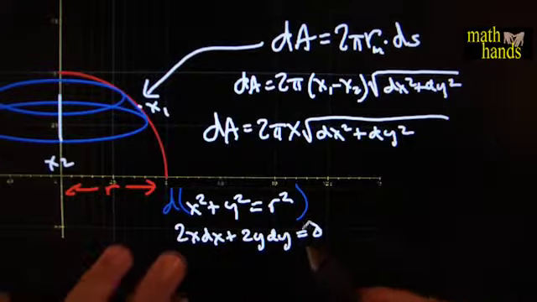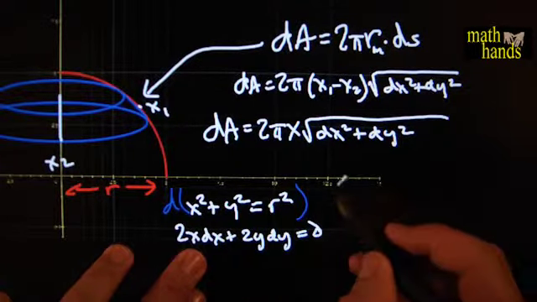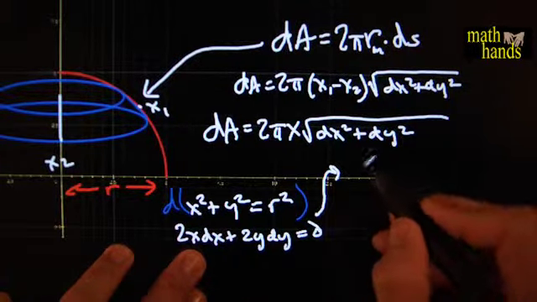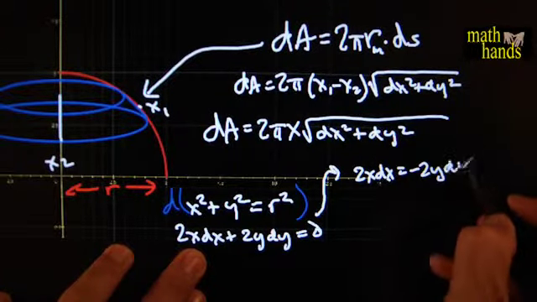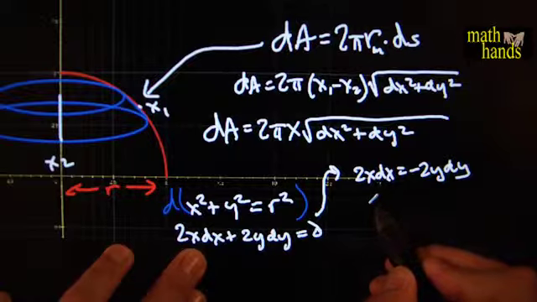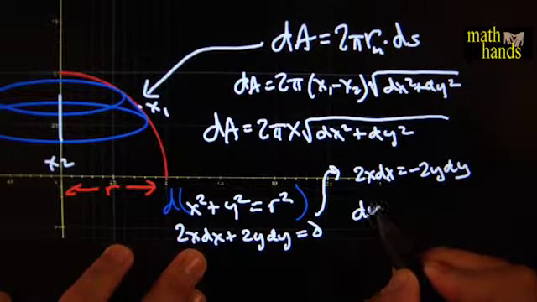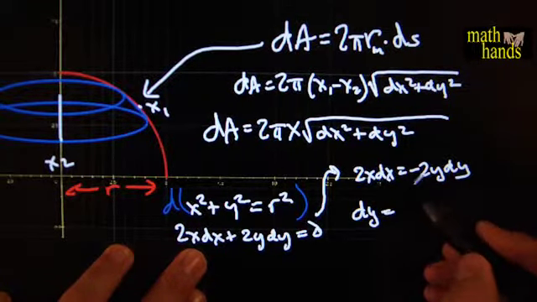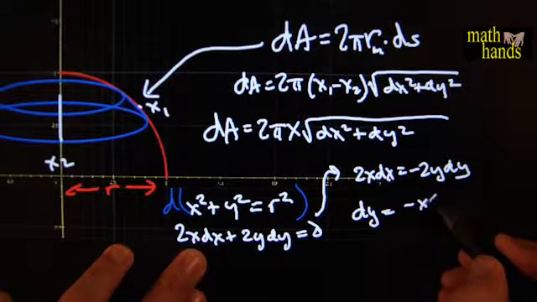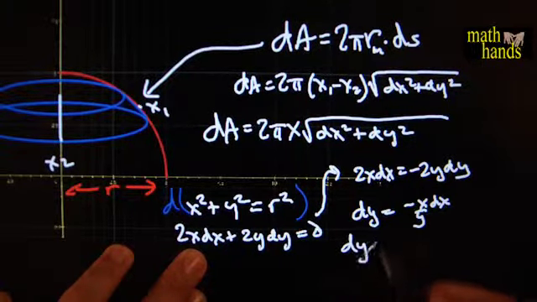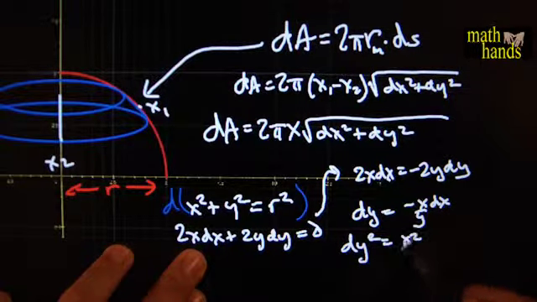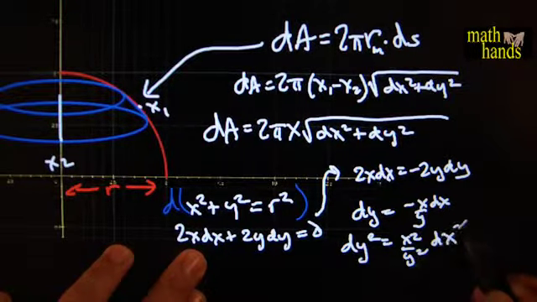The r is a constant. And that gives me that 2x dx is equal to negative 2y dy. That gives me that dy is equal, cancel the 2's, negative x dx all over y. So therefore dy squared is equal to x squared over y squared dx squared.